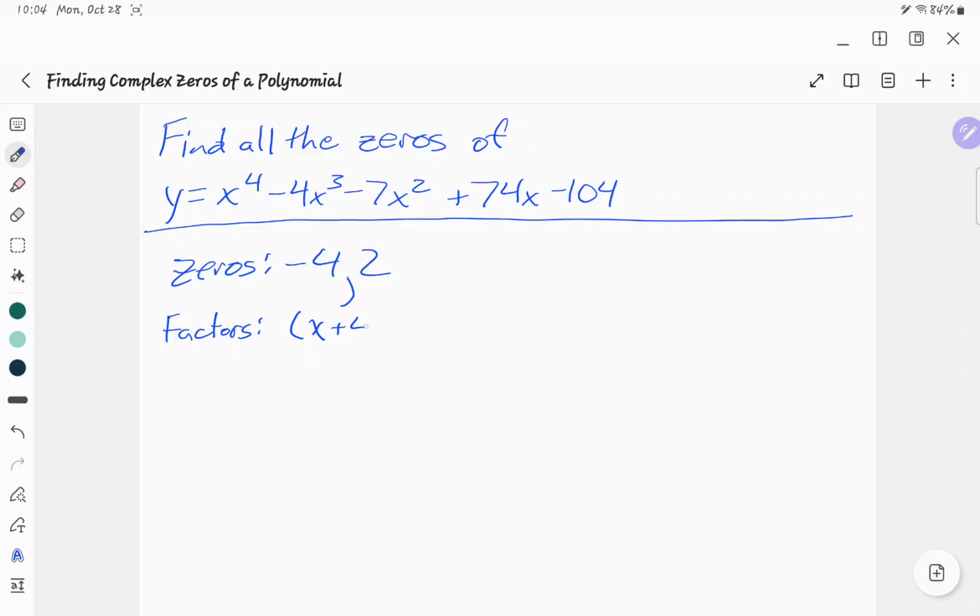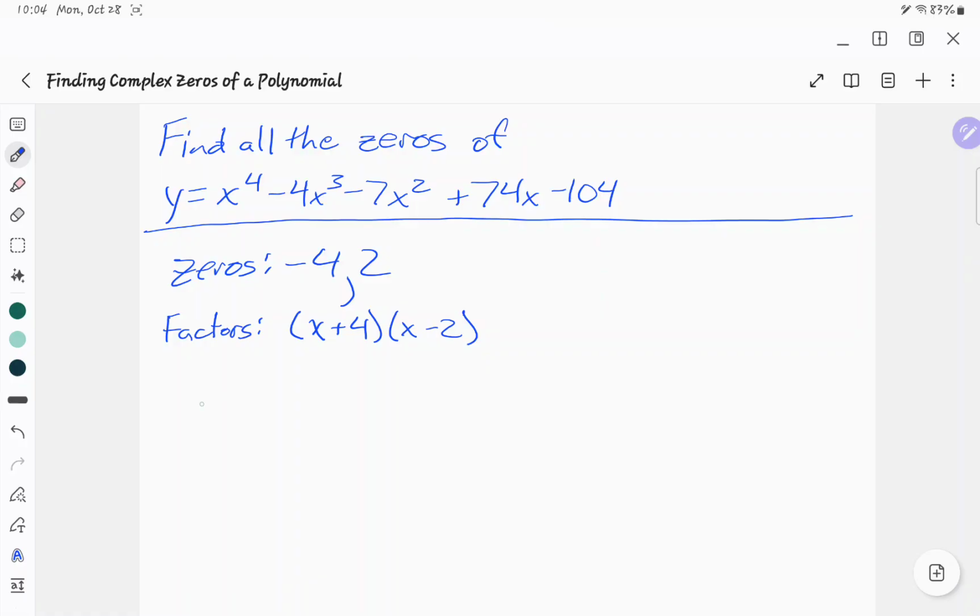Currently, it would be x plus 4 times x minus 2. And again, there would be 2 more factors, right? If I had x minus whatever complex number made a zero for this one, and the other x minus the other complex number that would be the zero for this one. So we'll go through and find what those are.